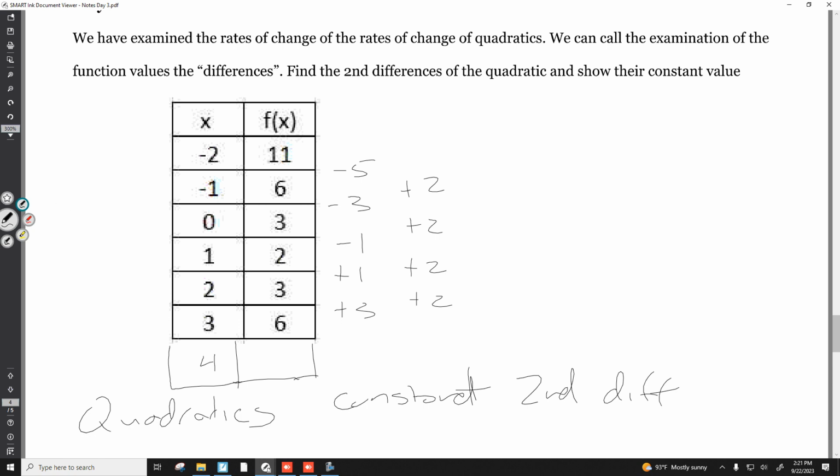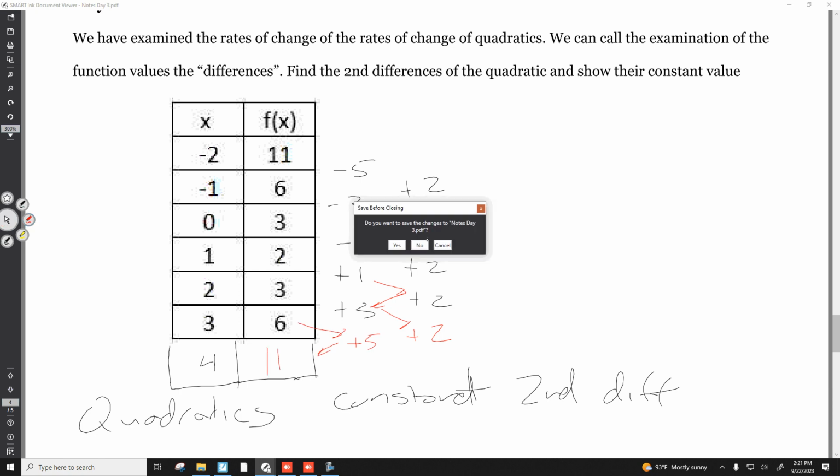Well, I know that if it's a quadratic, the next step, second difference has to be plus 2. Well, like 1 plus 2 is 3. 3 plus 2 is 5. 6 plus 5's got to be 11. Cool? Ah, shoot. All right, flip.